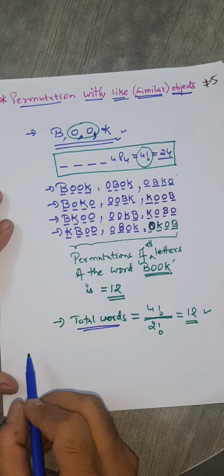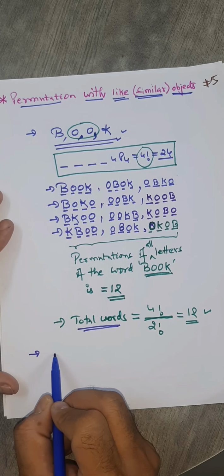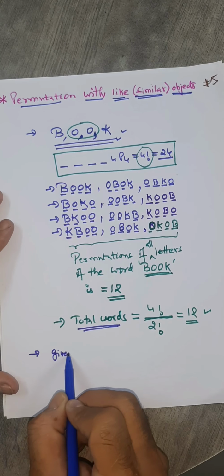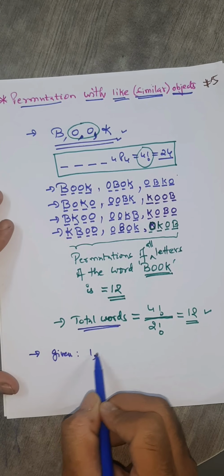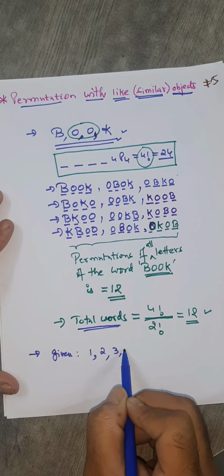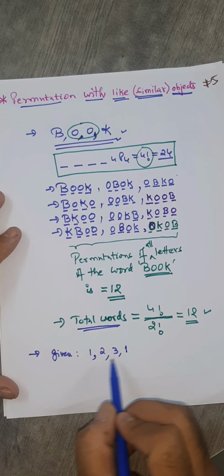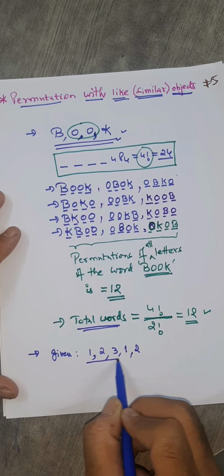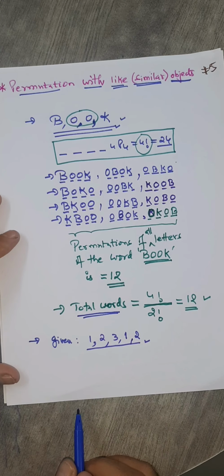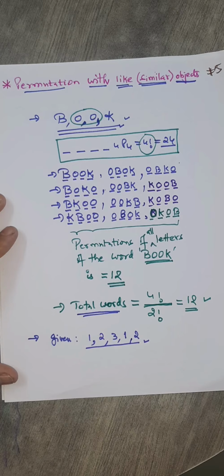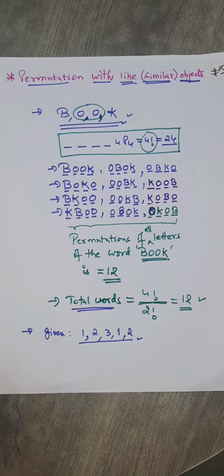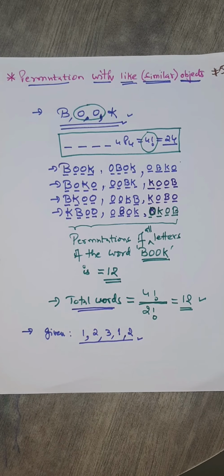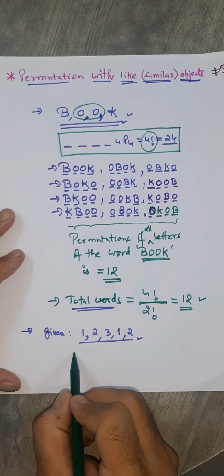If I ask you one more here, suppose you are given these digits: 1, 2, 3 and 1, and one more time suppose 2. Given digits are these. Your given digits are not all different, not distinct. Remember, different they are not.